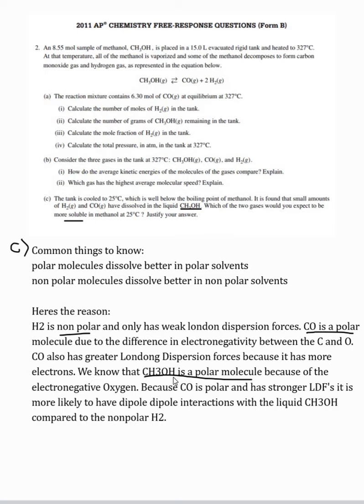And so by knowing that CH3OH is a polar molecule, we also know that CO is able to form dipole-dipole interactions with the liquid CH3OH because they are both polar. Now, the nonpolar H2 isn't able to form these dipole-dipole interactions because it's nonpolar and it has very weak LDFs. And so that's it for 2011, Form B.